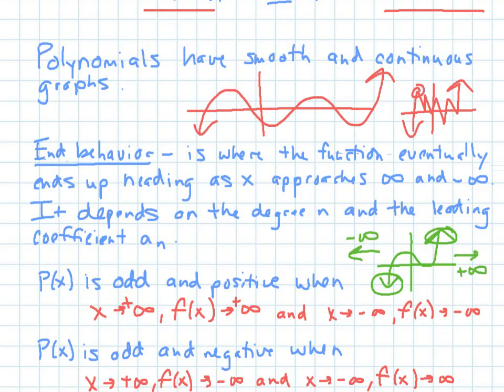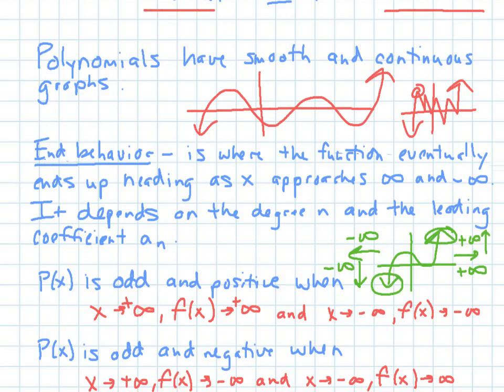Okay? So in this case, because we're moving to negative infinity, it's going down to negative infinity, because eventually it's going to make it to the negatives. It's not going to ever come back. And then also, as you're moving to positive infinity, you're heading upwards, so you're heading to positive infinity.